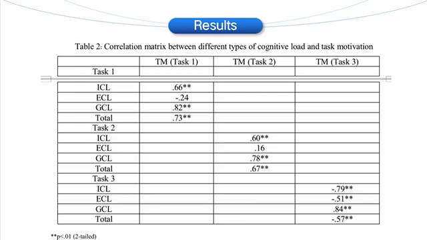In Task 1 and Task 2, the total cognitive load correlated positively with the task motivation. In contrast, in Task 3, the total cognitive load is negatively correlated with the task motivation. Unlike in Task 3, the extraneous cognitive load did not show significant correlation with the task motivation in Task 1 and Task 2.